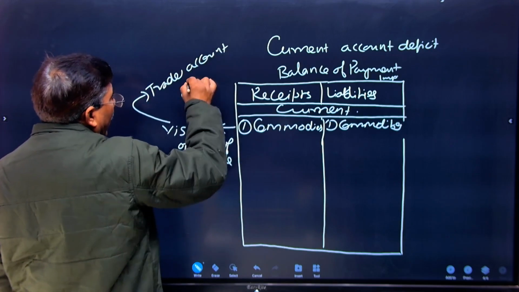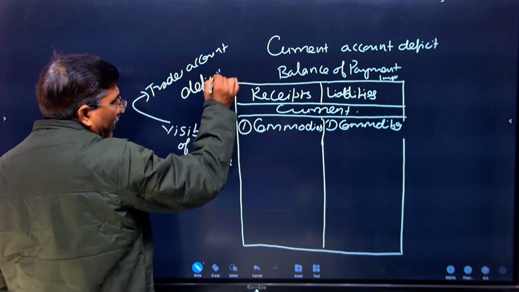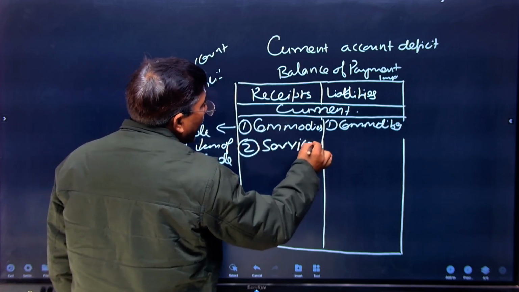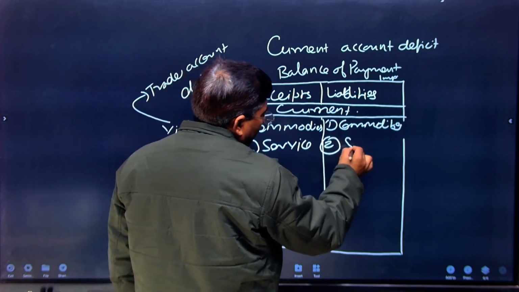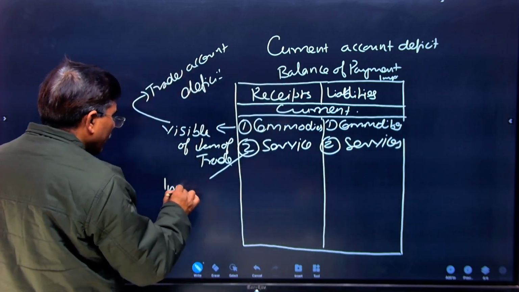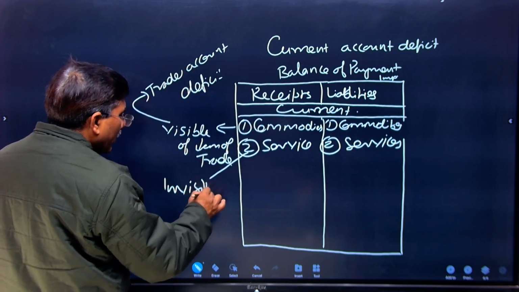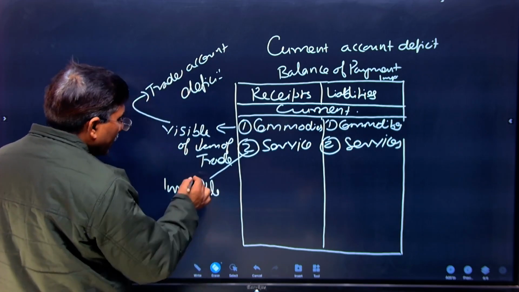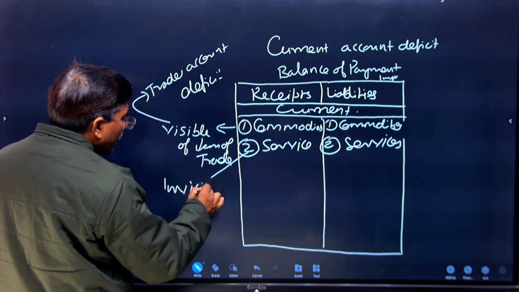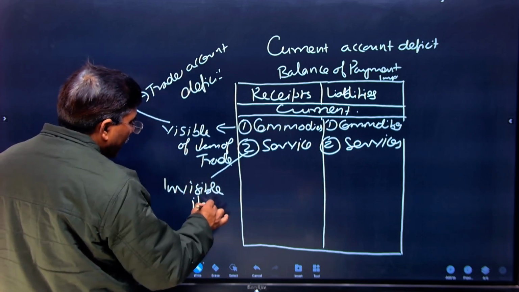Second item is services, meaning export and import of services. This is known as the invisible items of trade.